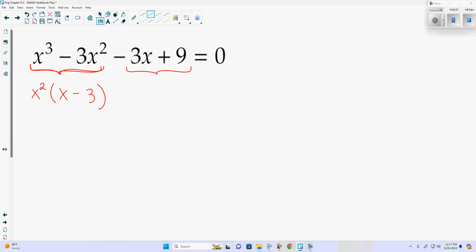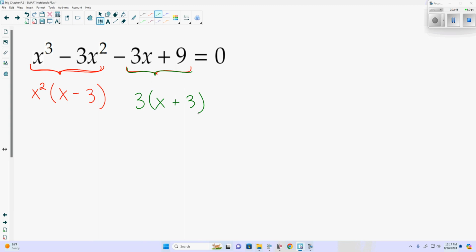What's the greatest common factor between those two? 3. And if we factor that 3 out of these two, we would have x plus 3. And the goal is to be able to factor it once out of the 2 and then factor it again.